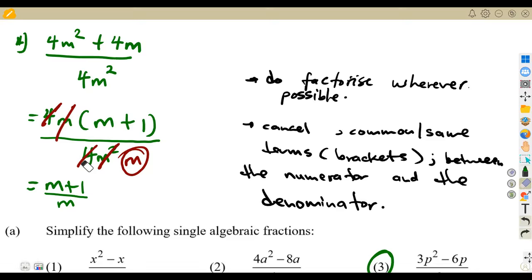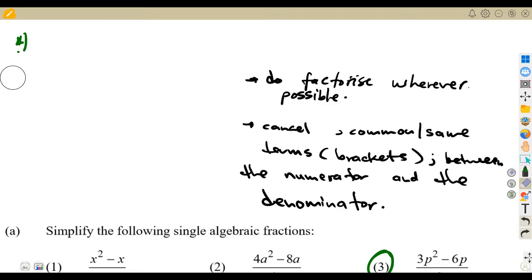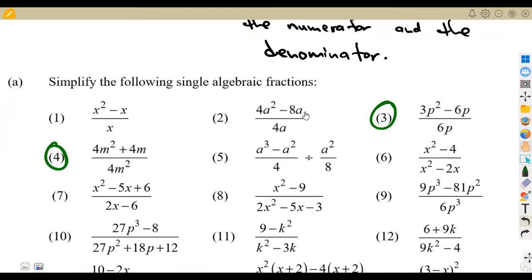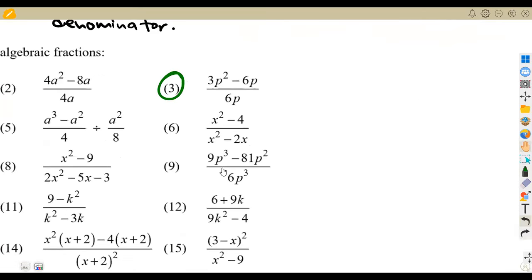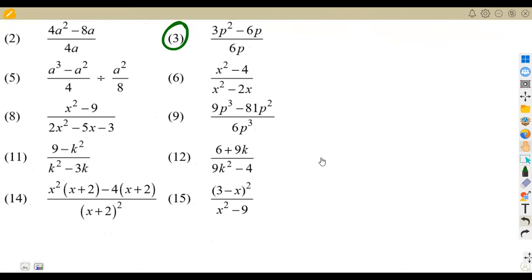Just leave your answer at that stage. You are done. Do not cancel what does not cancel, because we've got an expression and a term. You can only cancel if they are the same, like same brackets, same terms, not a bracket against another term. It can't be like that.